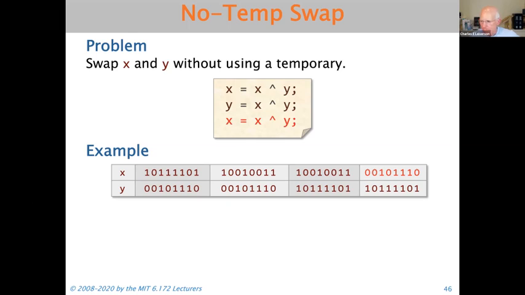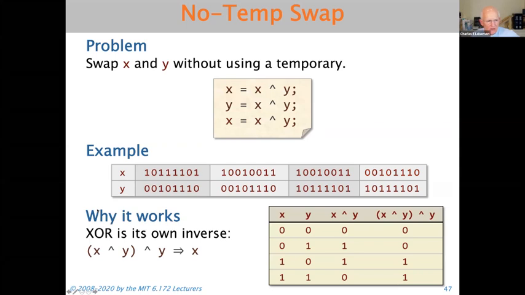The basic reason it works is that XOR is its own inverse. If you take x XOR y and you XOR it with y, you get x. Similarly, if you XOR x XOR y with x, you get y. So replacing either x or y with the XOR of x and y essentially loses no information.